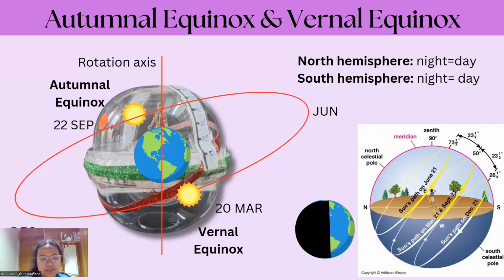At this position, the sun is at the same level as the earth, so the northern and southern hemispheres have equal duration of night and day. From the picture on the right side, the sun is at the same level as the earth, so it rises directly in the east and sets in the west.